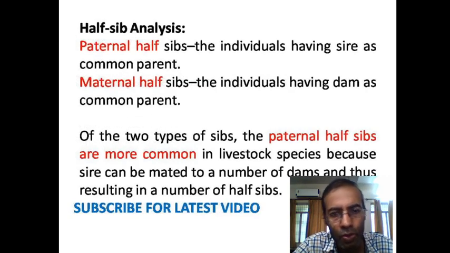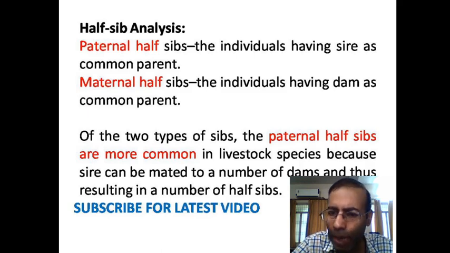So, first we will see half sib analysis. Half sibs may be paternal or maternal. In the case of paternal half sibs, the sire is common. In the case of maternal half sibs, the dam is common.